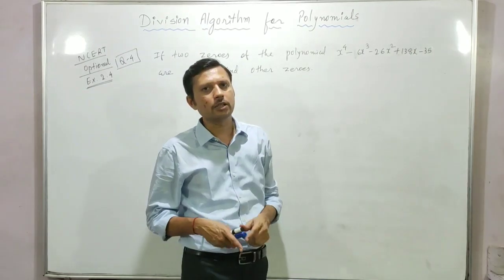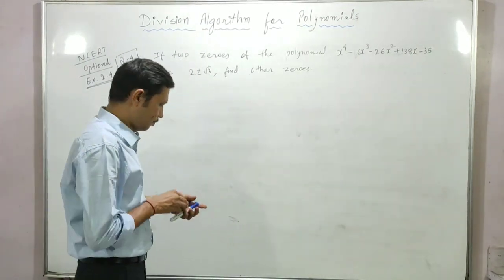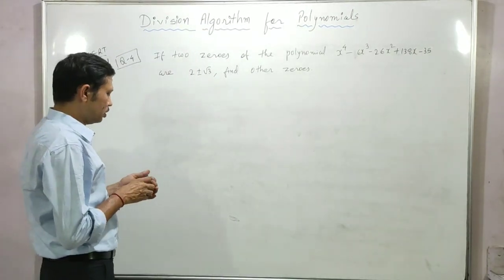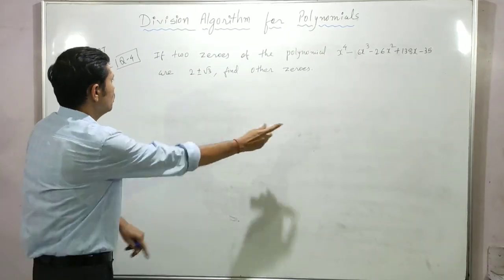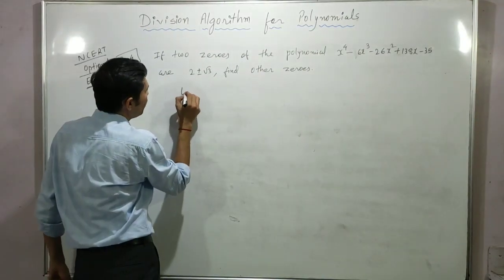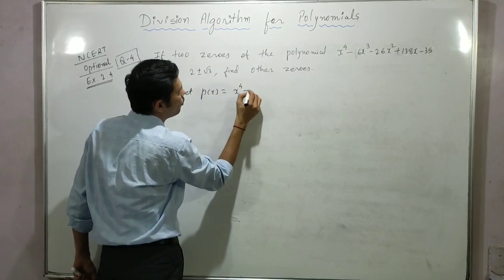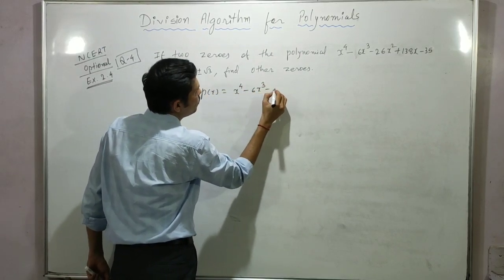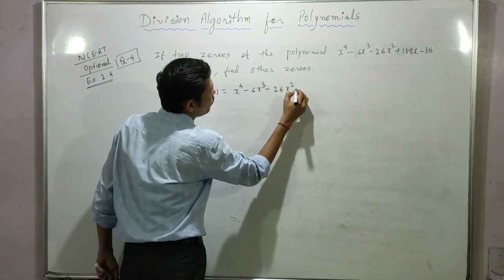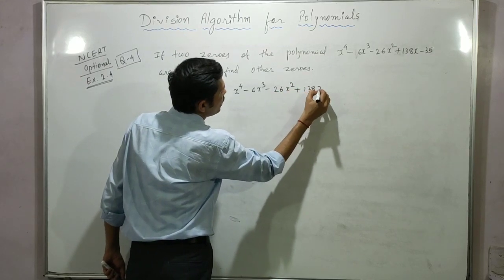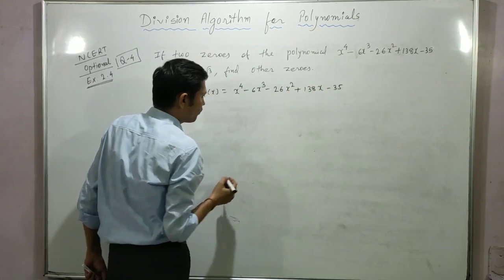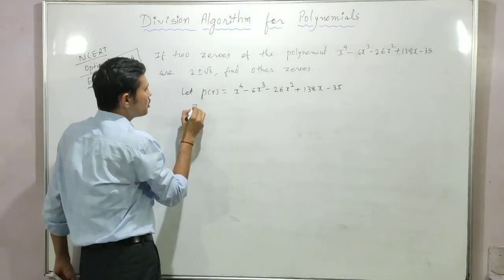They are asking for the rest of the zeros, right? So first of all, let the polynomial be p of x equal to x to the power 4 minus 6x cube minus 26x square plus 138x minus 35. Now, zeros.